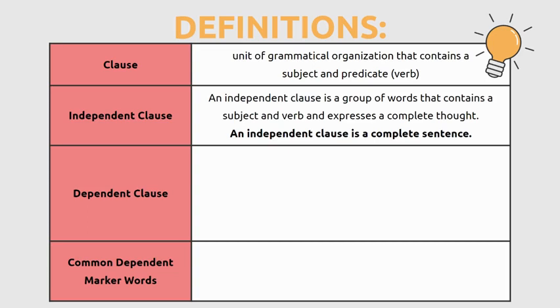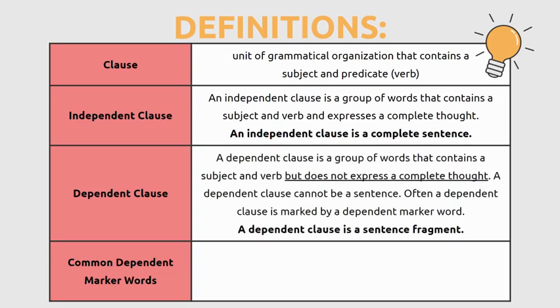A dependent clause is a group of words that contains a subject and a verb but does not express a complete thought. A dependent clause cannot be a sentence. And then often a dependent clause is marked by a dependent marker word. So, more often than not, you're going to have some words that clue you in on it being a dependent clause.